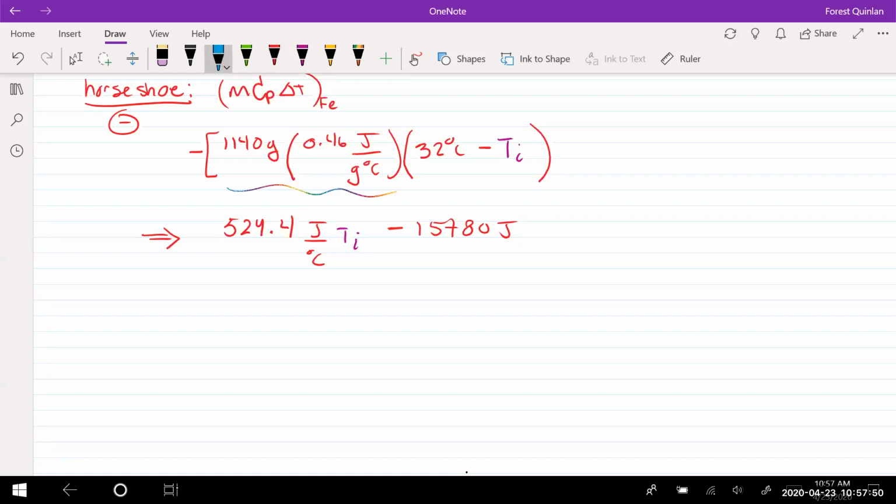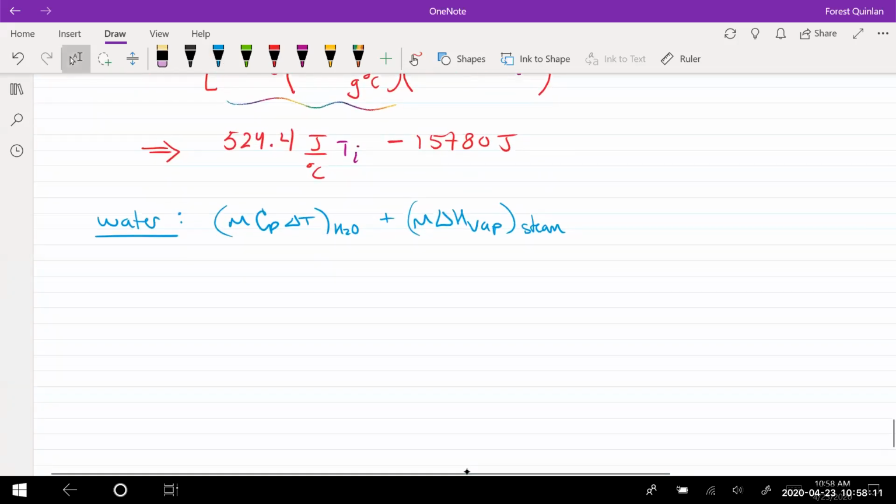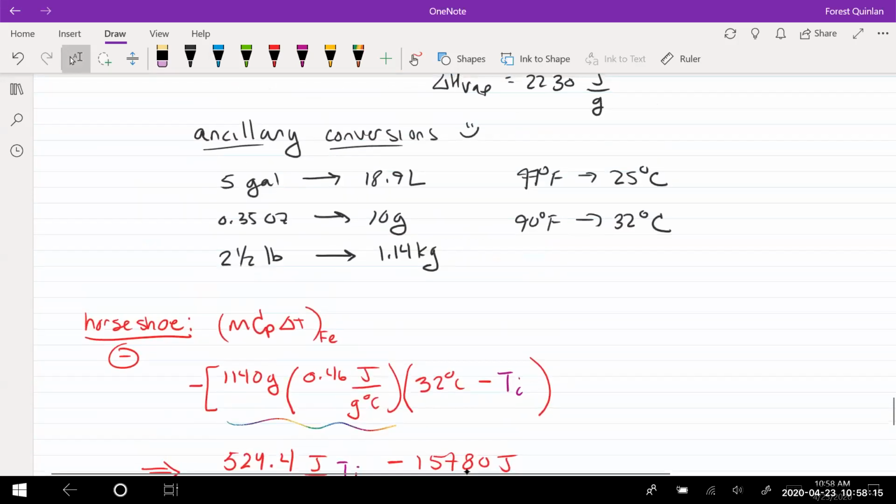So right now we have our horseshoe. Let's look at our water. So that's an MCP delta T for water, and the M delta H of vaporization for our steam, because our masses will be different. There's one little thing, Kimchi.